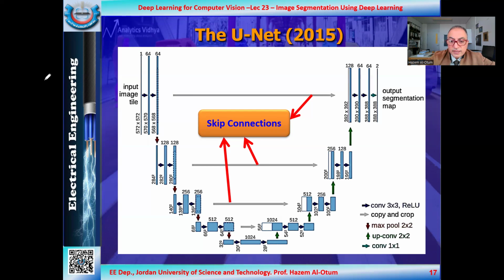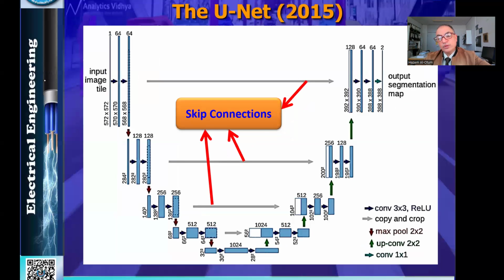Now, in the opposite direction, we apply upsampling to increase the size of the spatial domain and convert the data obtained from the feature maps.